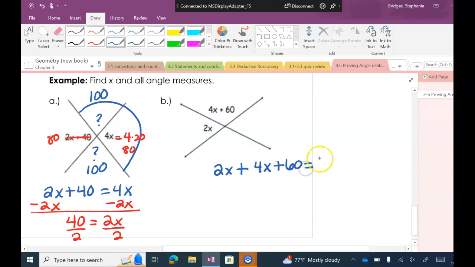Equals 180. Solve it for x. Once you have x, you're going to need to plug it back in and find all four angles.